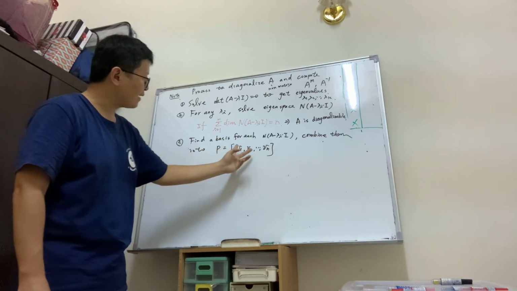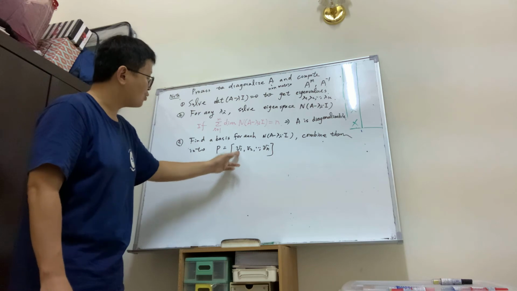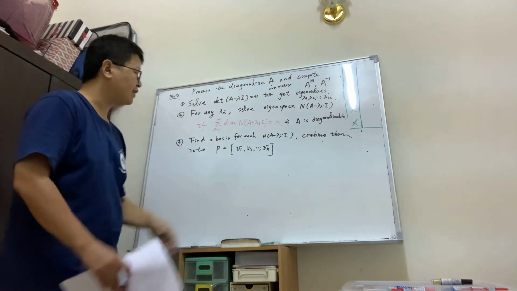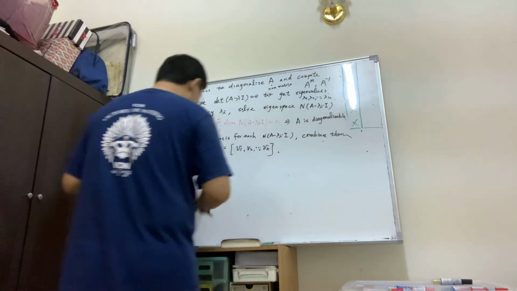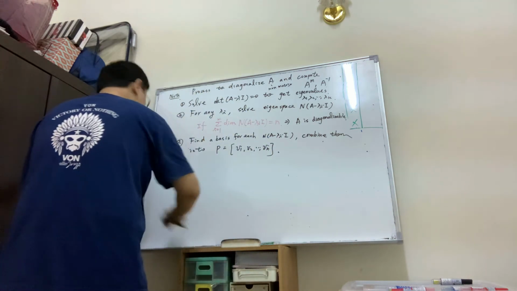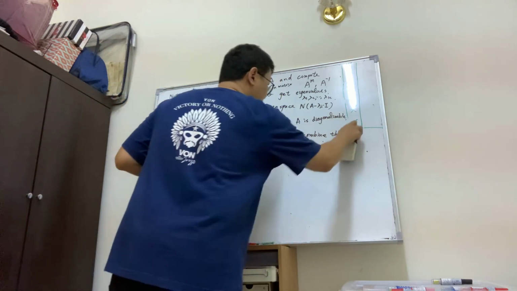But for the eigenvectors v_i, some of them probably have different corresponding eigenvalues. Then what's our result?